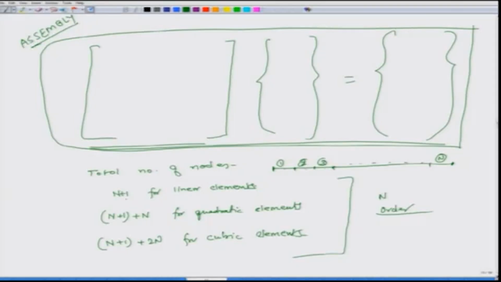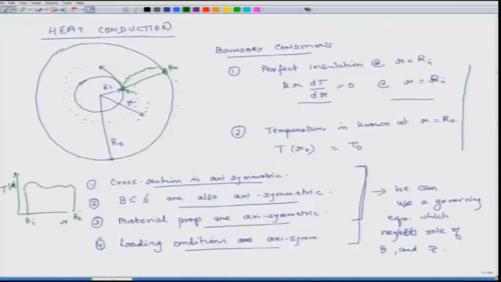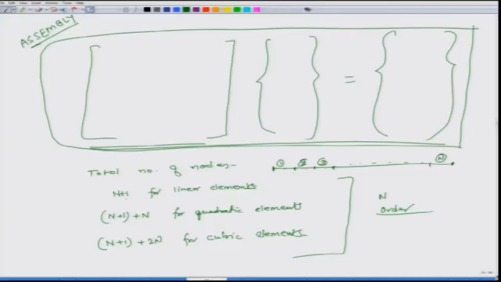My first boundary condition is that the temperature at the outside radius is T naught. So I go to my assembly, and T naught will correspond to the last node. This is a column of all the temperatures, T1 for the first node, T2, and so on, up to n plus 1 nodes for linear elements, or 2n plus 1 for quadratic elements. So this is the last node.